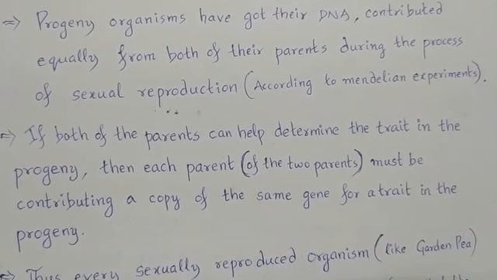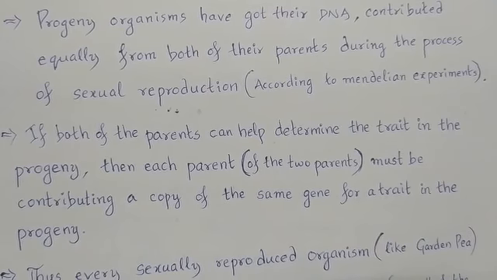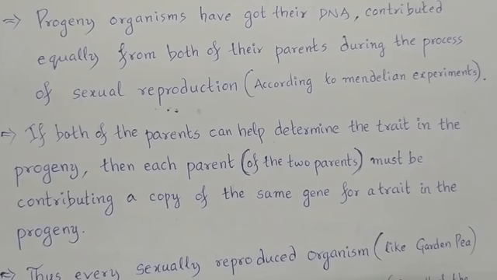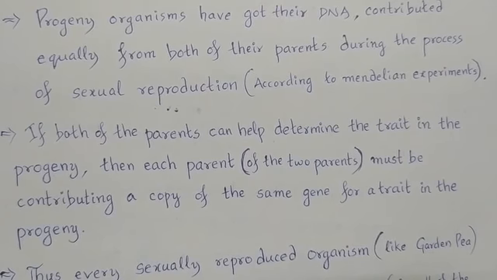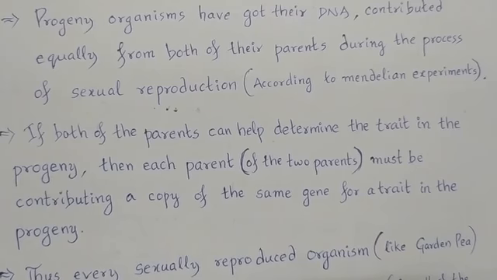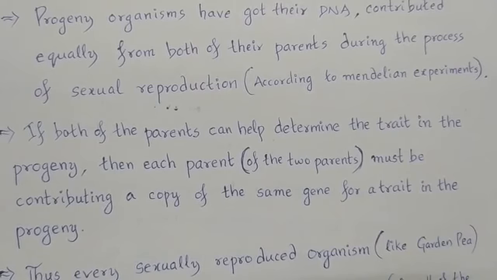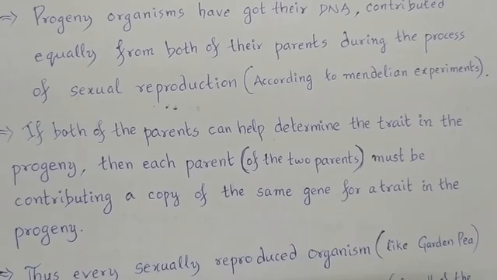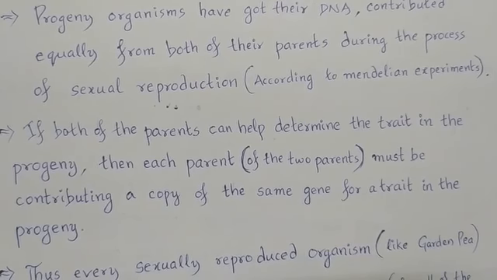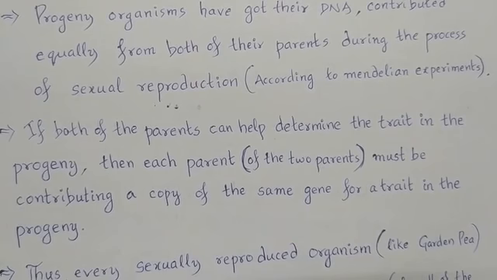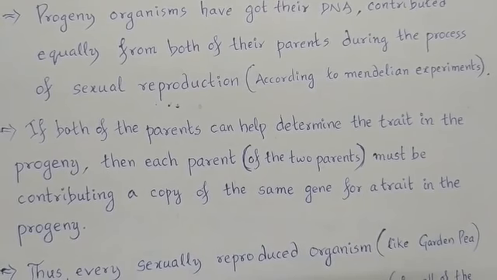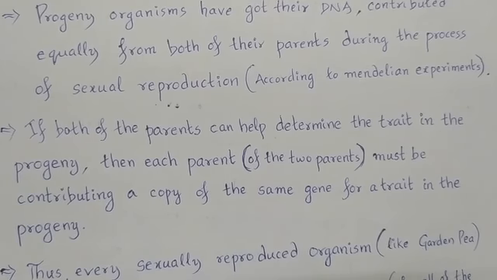If both of the parents can help determine the trait in the progeny, then each of the two parents must be contributing a copy of the same gene for a trait in the progeny. See, for every trait, a pair or two copies of genes are present.